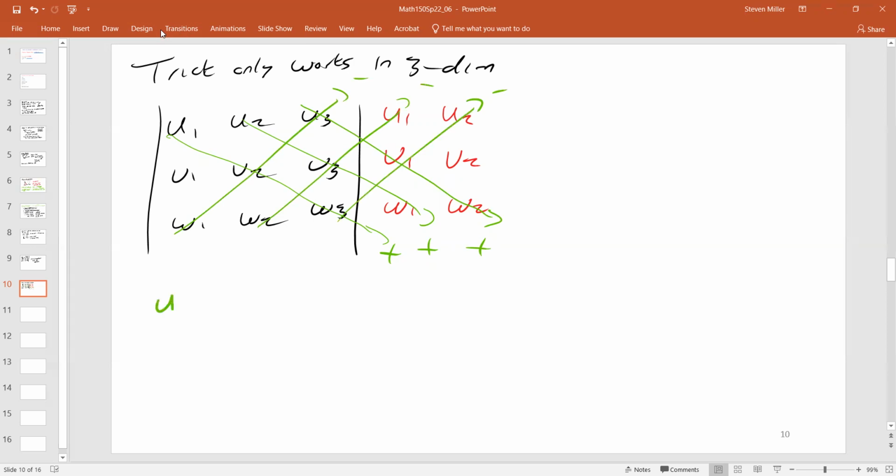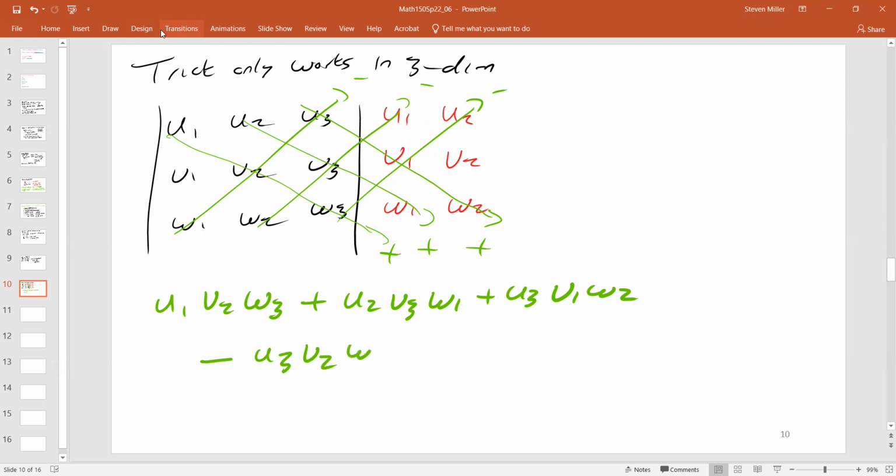So it's going to be U1 V2 W3 plus U2 V3 W1 plus U3 V1 W2 minus U3 V2 W1 minus U1 V3 W2 minus U2 V1 W3. That's how we define the determinant of a 3 by 3 matrix. And it turns out that gives us the volume.